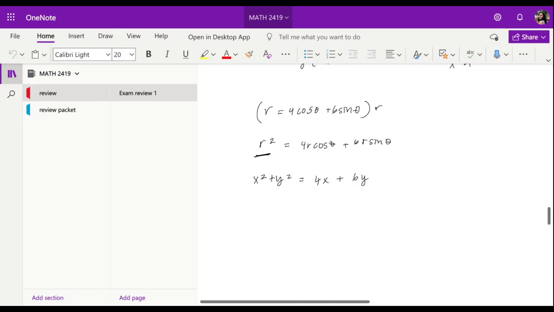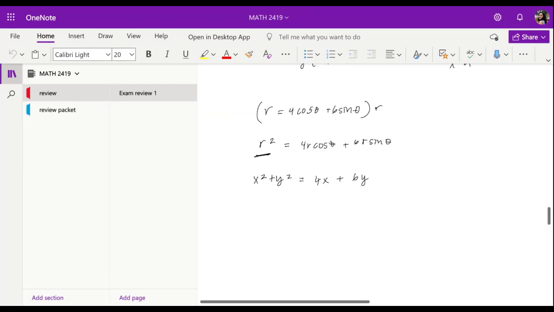Okay, so for this one, we actually want to complete the square. If you guys remember from algebra, we complete the square in order to figure out what kind of curve it is. And so we can bring all of them to one side first.